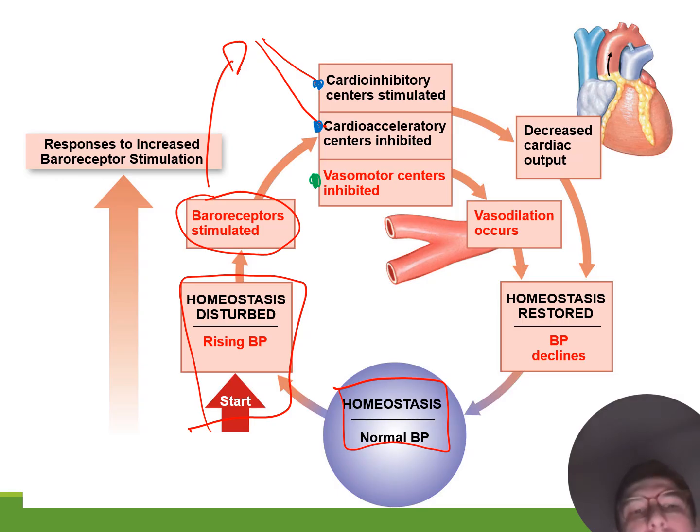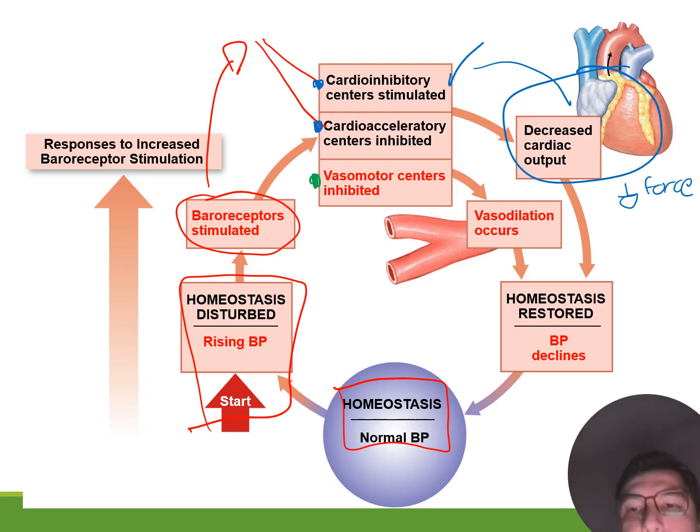All right, now since we have an increase in baroreceptor stimuli, we want to tell the cardiac center to decrease the stimulation. So let's go through that cycle first. We're going to have a cardio-inhibitory response, and we're going to have decreased cardiac output with decreased force and decreased heart rate, and that is going to lead to a decrease in blood pressure from this side.